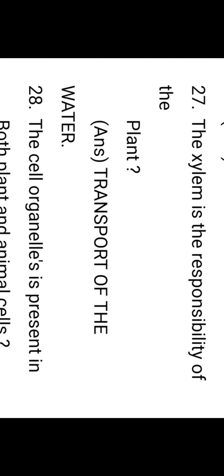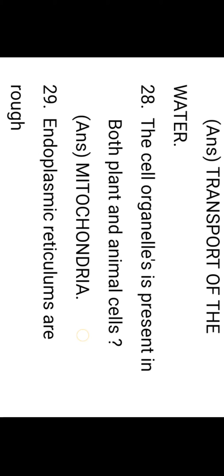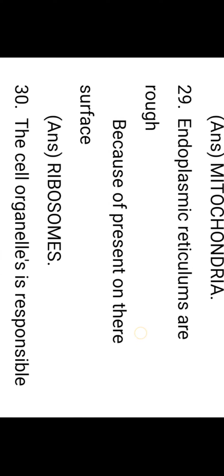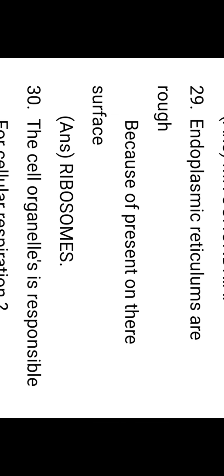The xylem is responsible for the transport of water from roots to the top of the plant. The next question. Which cell organelle is present in both plant and animal cells? That is the mitochondria. Next question.